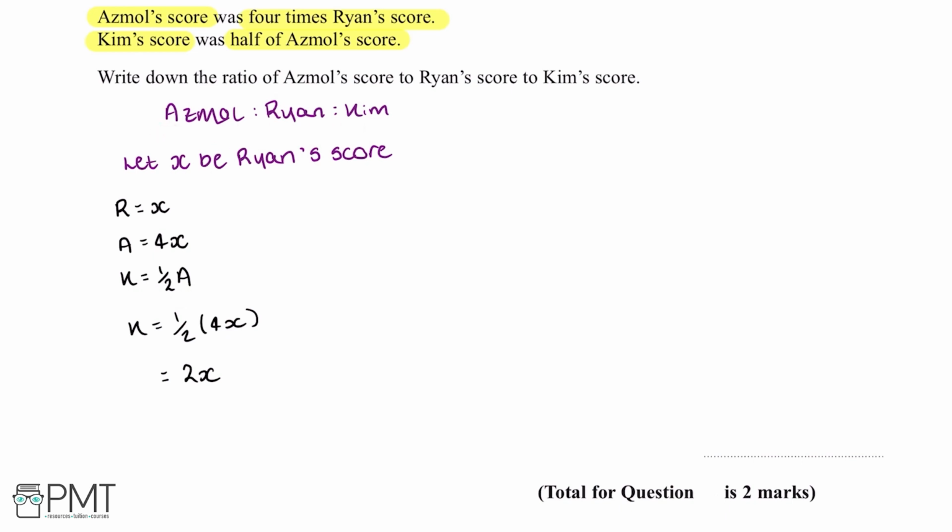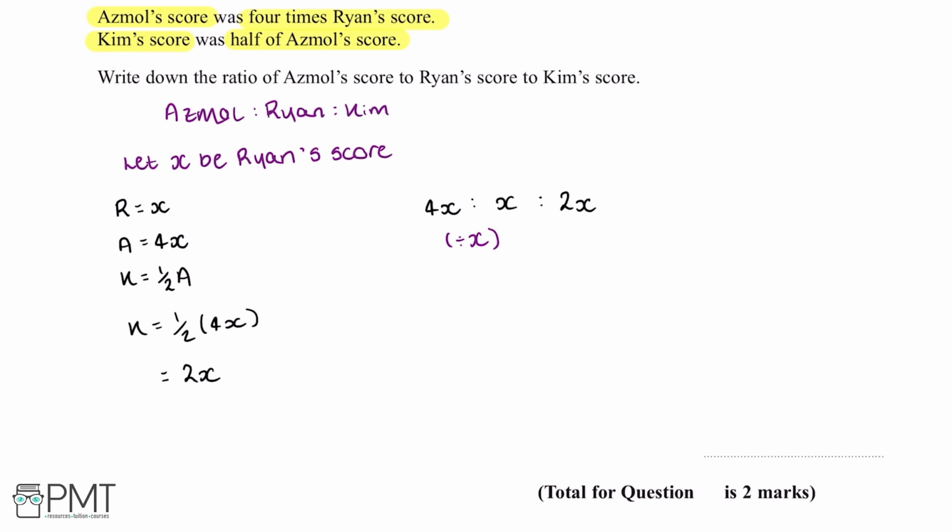So we worked out that Asmol's score was 4x. We worked out that Ryan's score was x. And we worked out that Kim's score was 2x. Now each of these 3 terms contain an x, so what we can do is divide all 3 of these numbers by x.